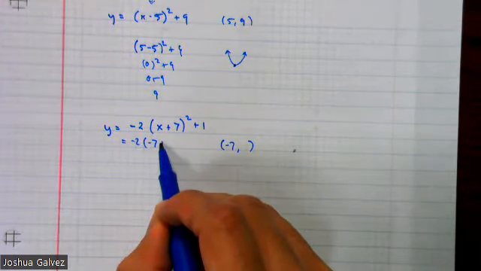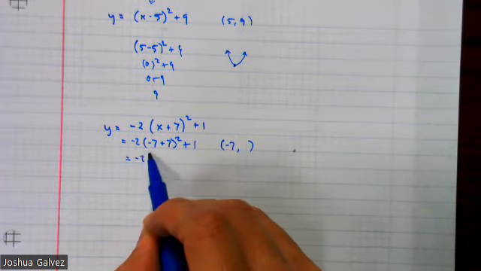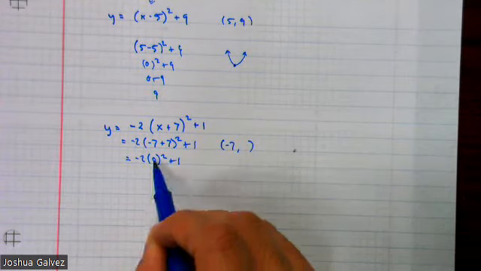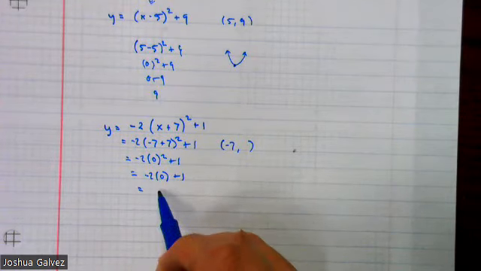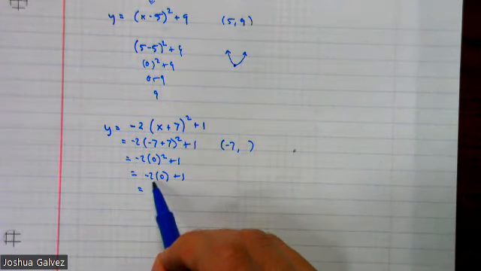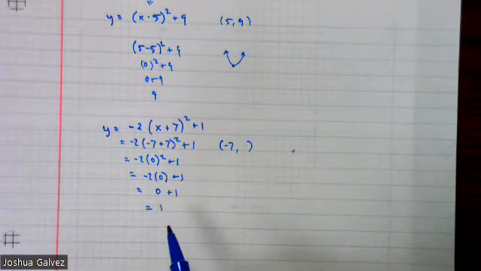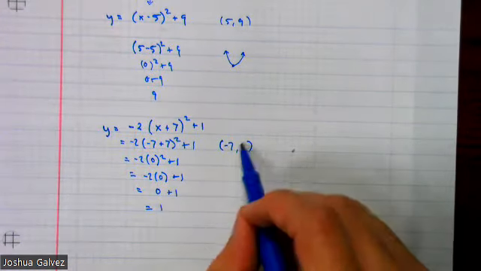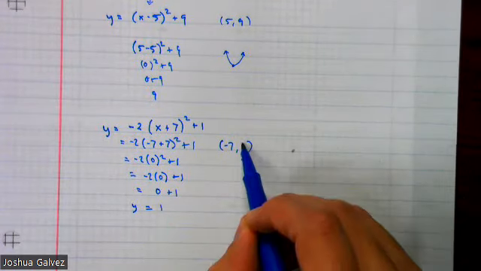And that's going to give us 0 here. 0 squared is just 0. 0 times negative 2, following the order of operations here, PEMDAS, gives us 0 plus 1. 0 plus 1 is just 1. So we get that y equals 1.